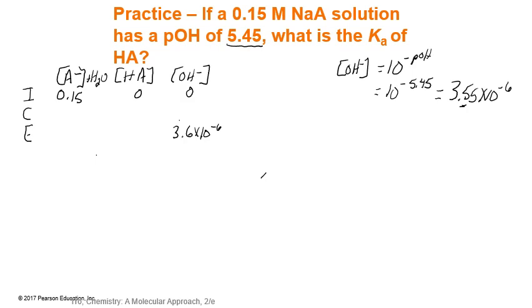It also tells us what our HA concentration is. And because this is small, effectively, we have no change in our initial concentration, just because of significant figures.